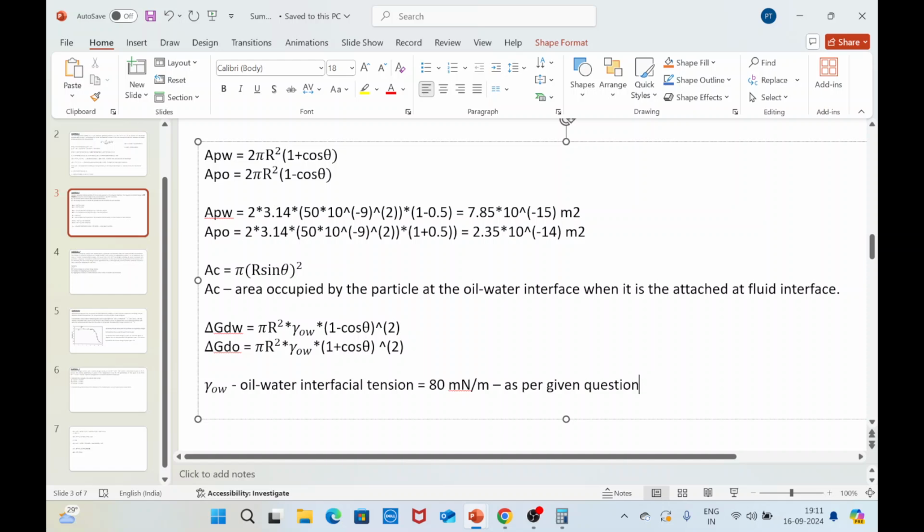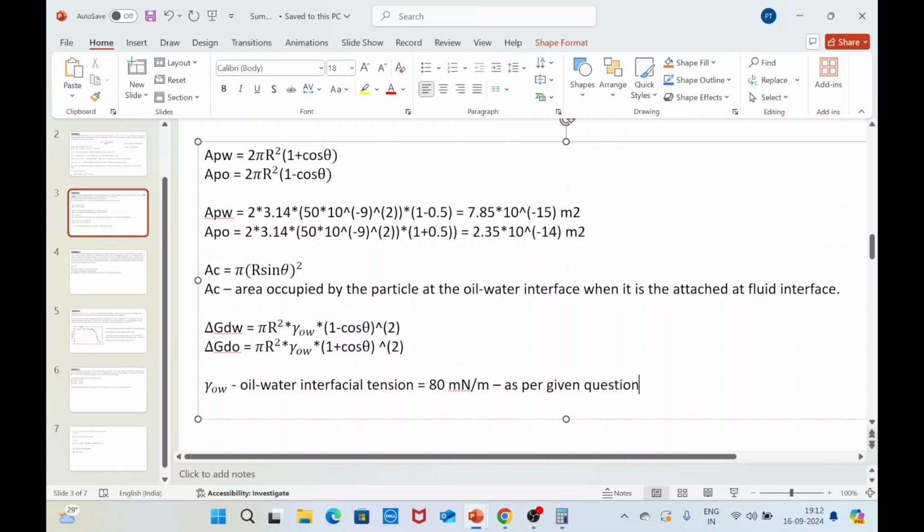So you can see that when you put the particle in the oil water interface at equilibrium, the major portion of the particle is going to be in the oil medium. So it's more hydrophobic. It likes oil more, or more correctly, it does not like water.